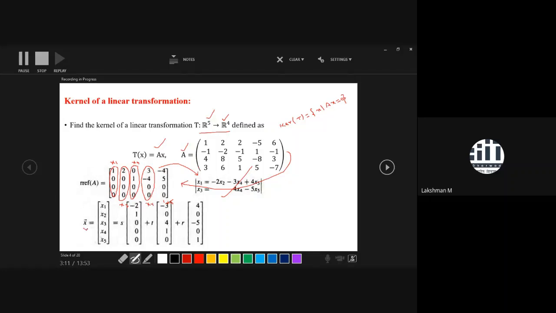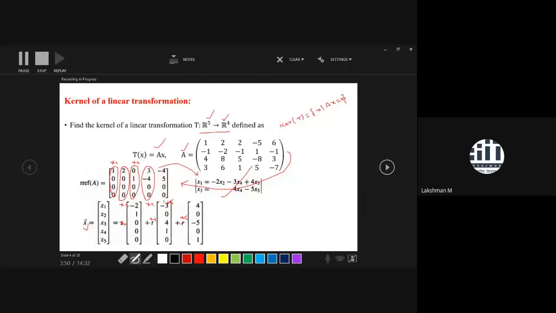So the solution will take this form: x equal to, here x1, you will put the value of x1 in terms of x2, x4 and x5, and similarly x2 is already free, x3 you will put in terms of x4 and x5. After simplification, what you will observe is that it is a multiple of a vector, with x2 as a parameter, here t, which you can call x4, and r, which is x5, and x2, x4 and x5 are free.